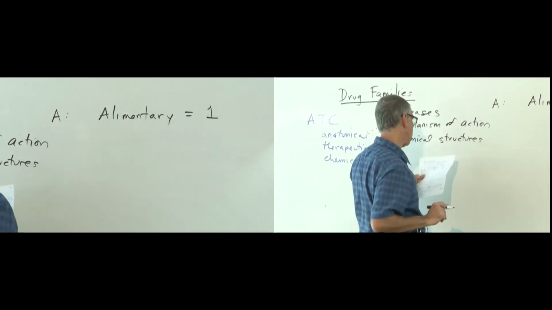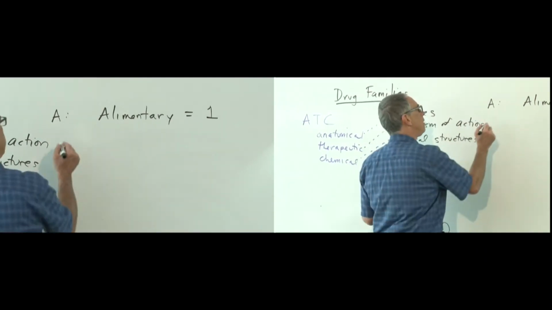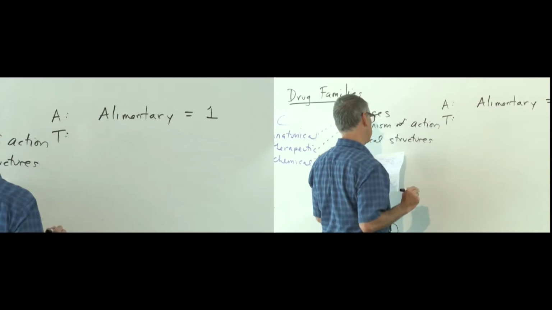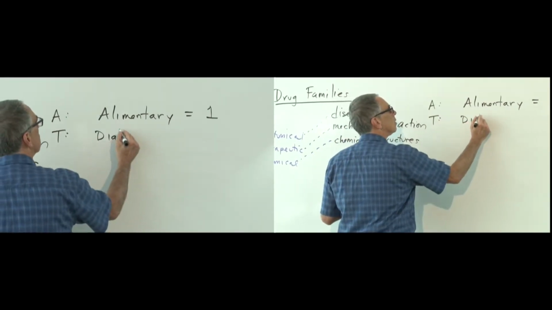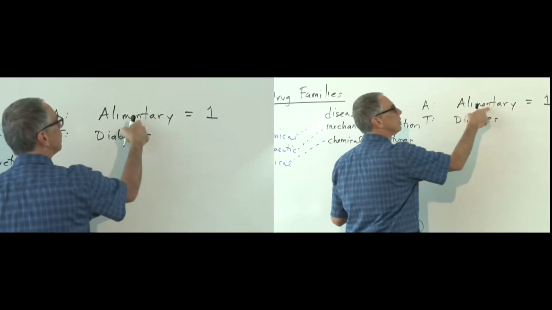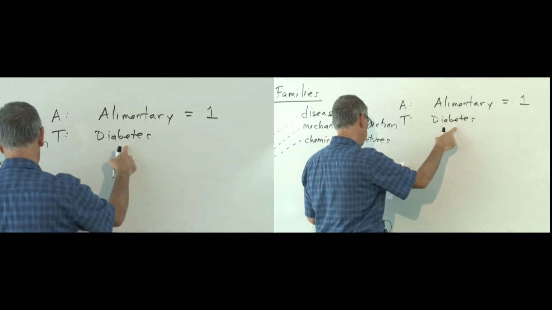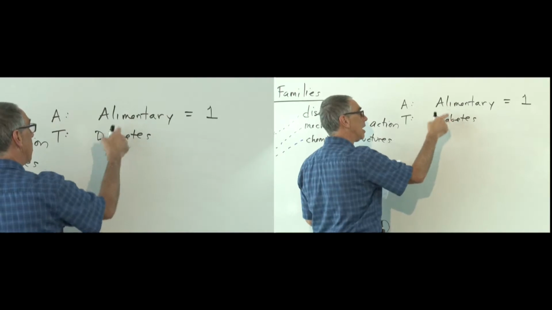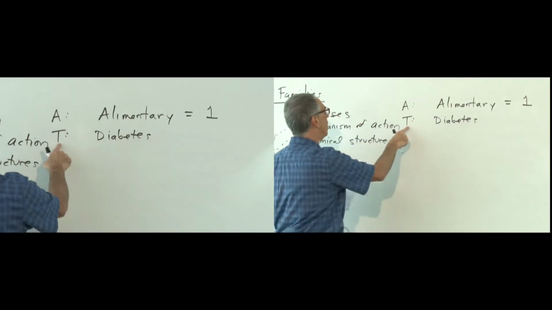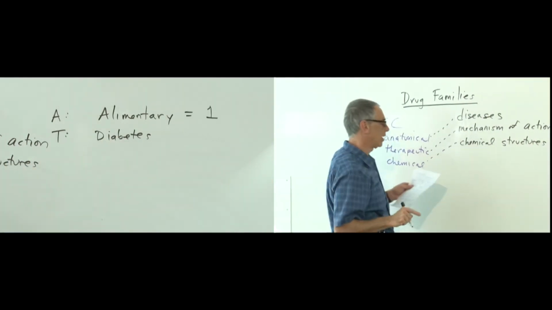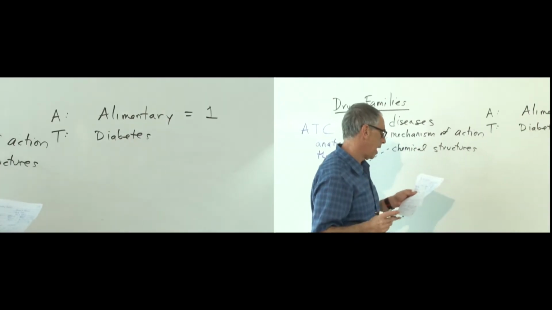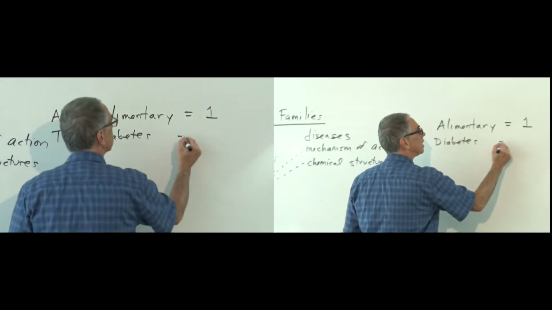But we're just going to talk about alimentary here. Then you would have a therapeutic class, such as diabetes. So among all the diseases of the GI system, you can consider diabetes also as an example of that, but this is now more in the therapeutic mechanism of action area. And this could be our second level.